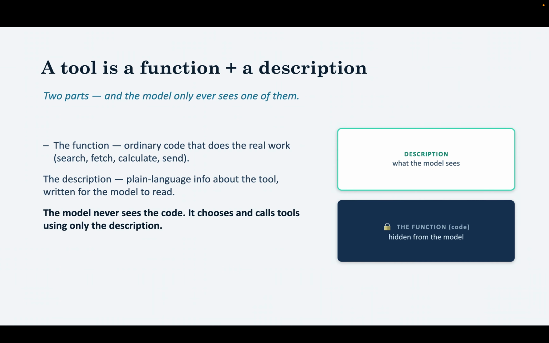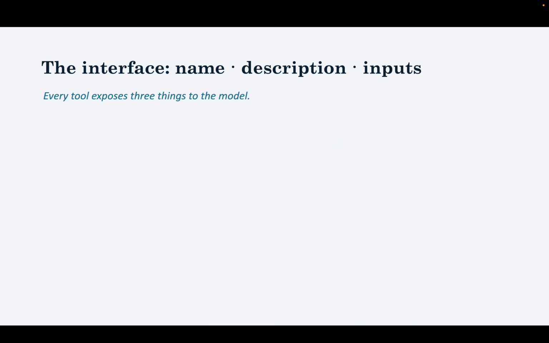So these kinds of information are the metadata of the function, and this metadata of the function is visible to a model. The model just has this information, and it decides which function it needs to call based on the user input.